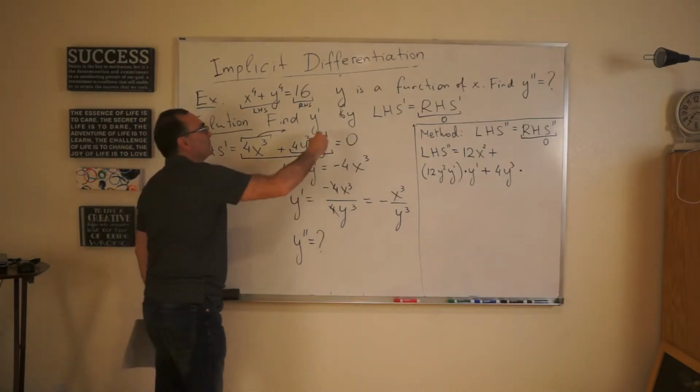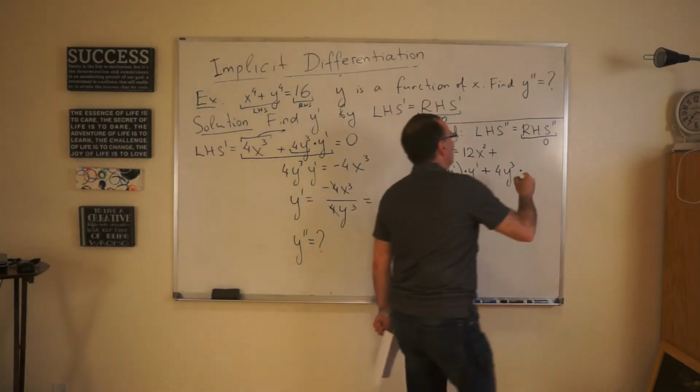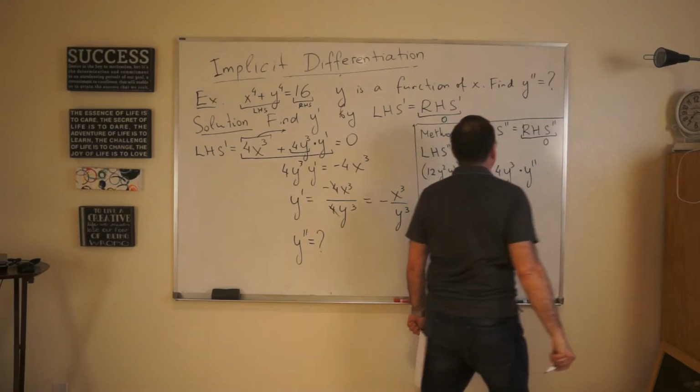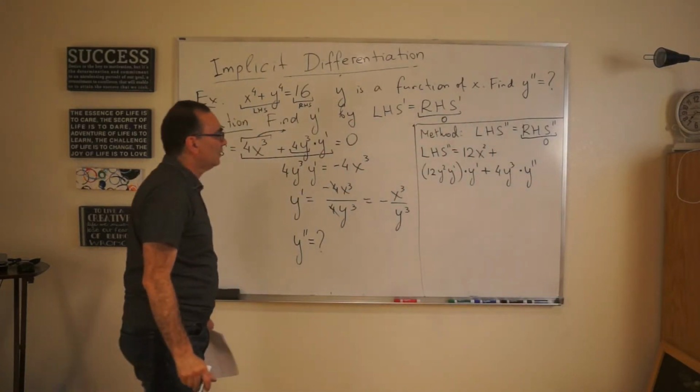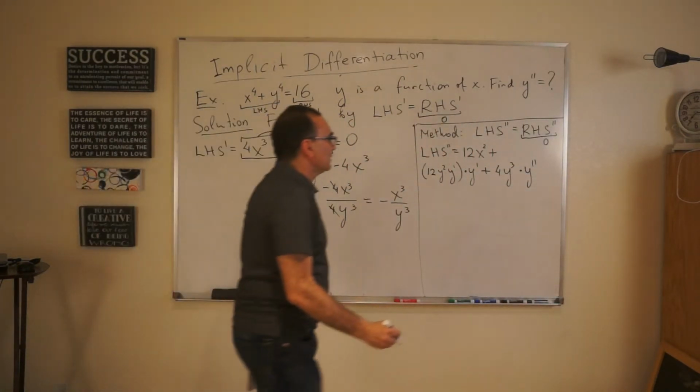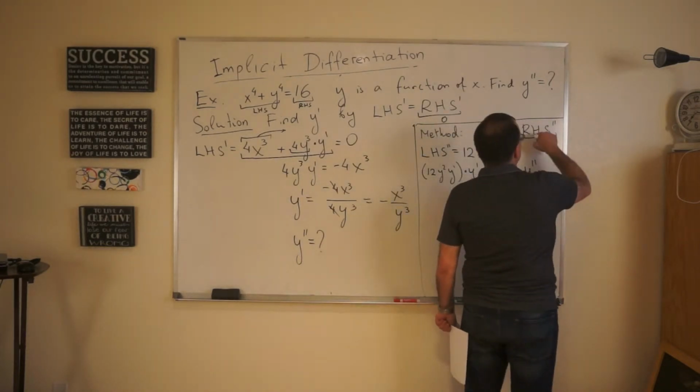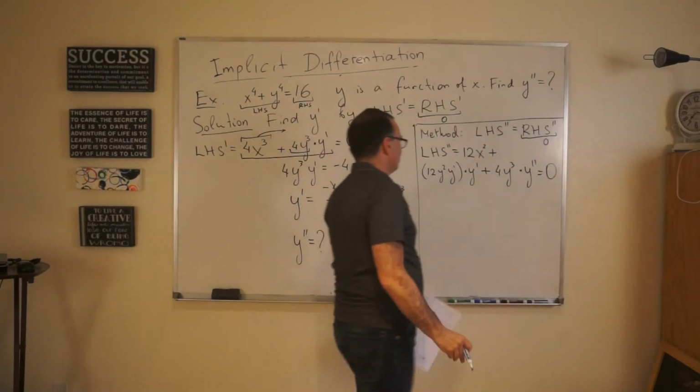Since the second term is y prime, its derivative is y double prime, the second order derivative. And that is equal to the second order derivative of the right hand side, which is 0.